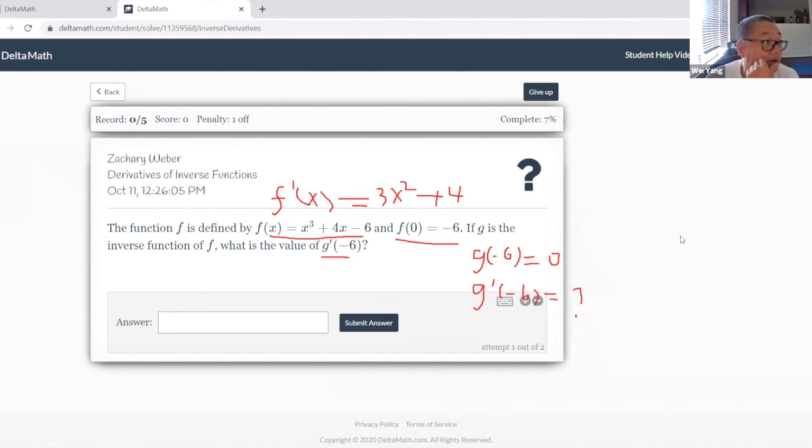Let's see, this f(x) equals this. Then we can get the g that's the inverse function of f. Inverse derivative relation.